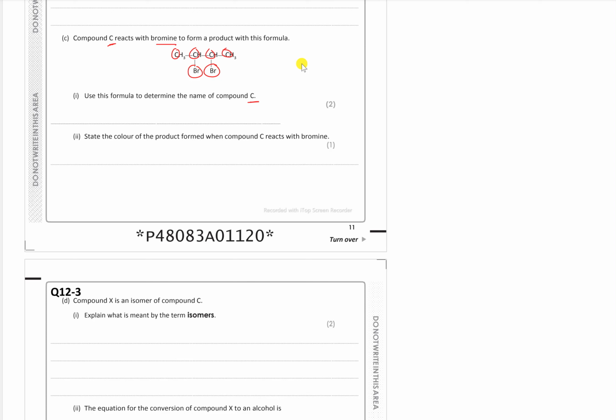So I've got 4, so it'll be butene. You can see there's a bromine on each of the second and third atoms, so we can call it but-2-ene.